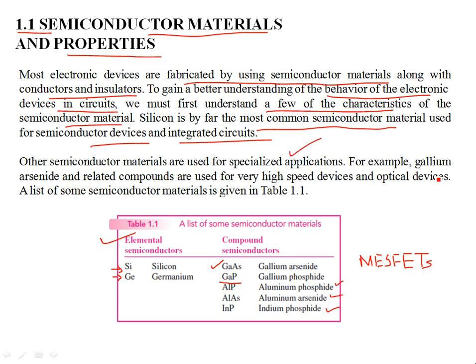For example, you can have this combination of group 3 and group 5 elements, which can be combined to form high switching or optical based electronic devices, like in MOSFET structures as well. It depends on the applications.